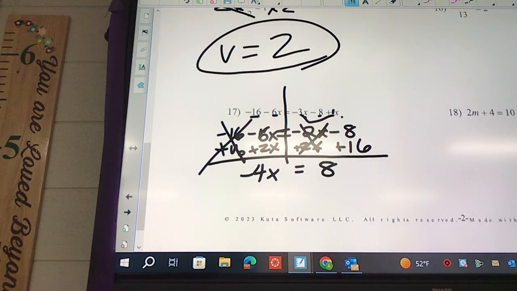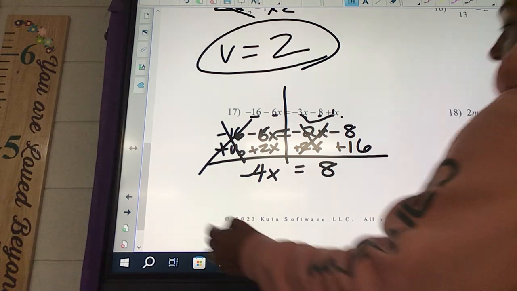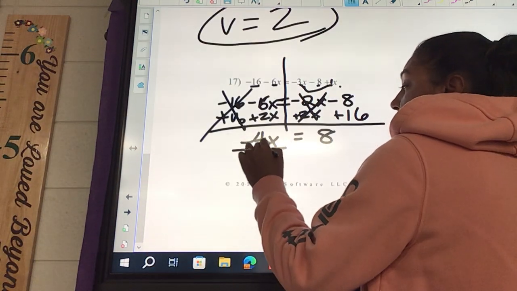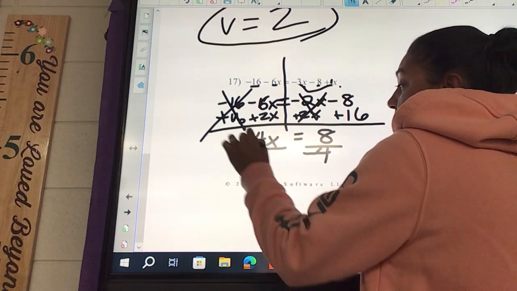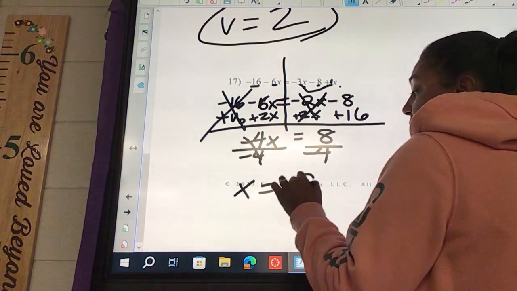And then what? Yeah, we're gonna divide. So we get x equals negative 2.